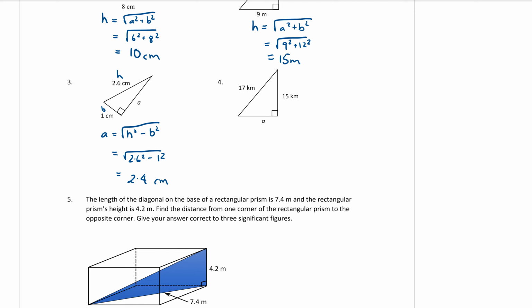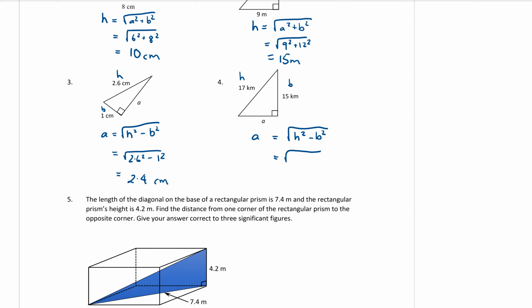One more time. A is again on the shorter side there, so I need A equals the square root of h squared minus b squared. H must be the hypotenuse, which is the 17. B has to be the 15.